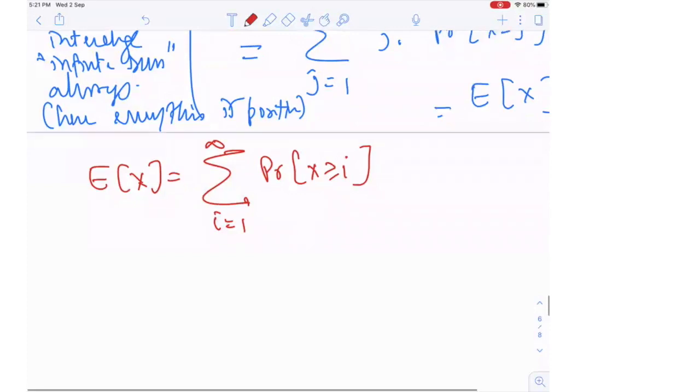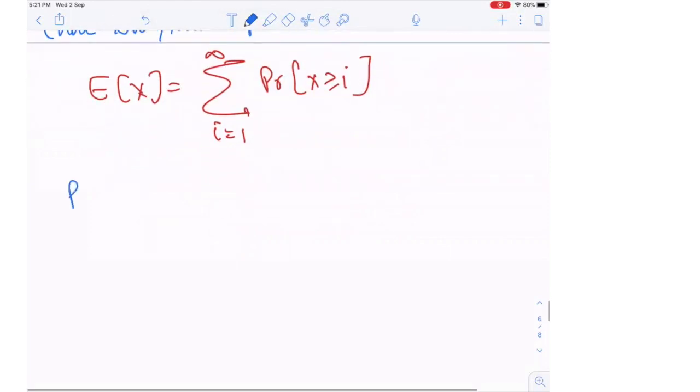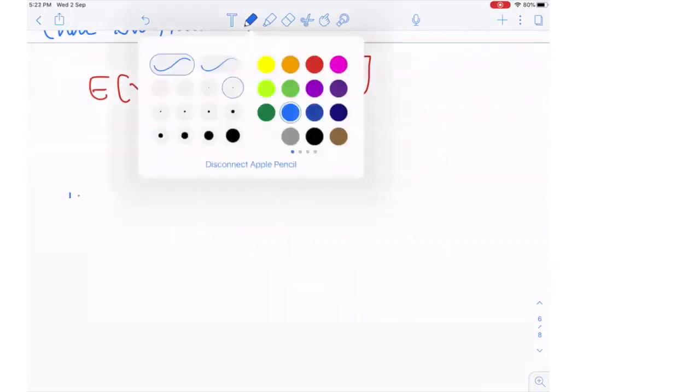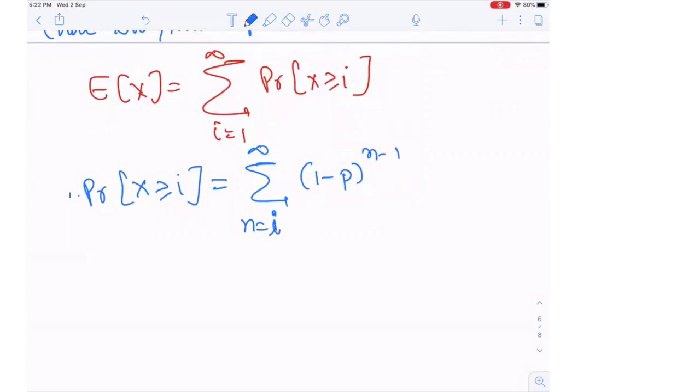It is the summation n equal to i to infinity, now in our setting, of (1 minus p) to the power n minus 1 times p.